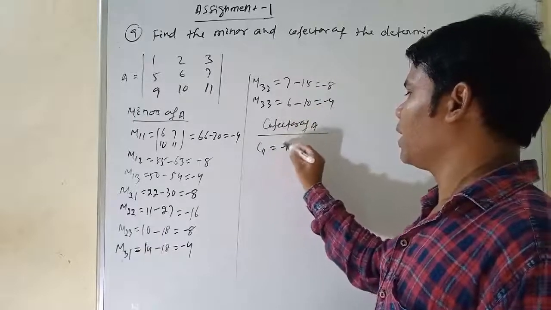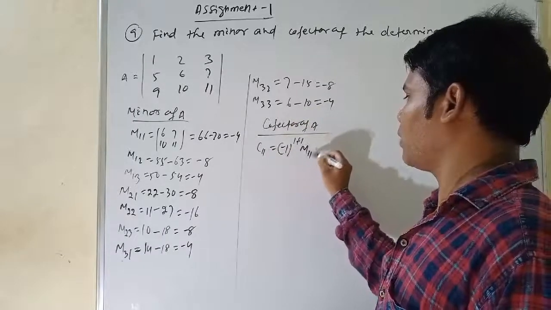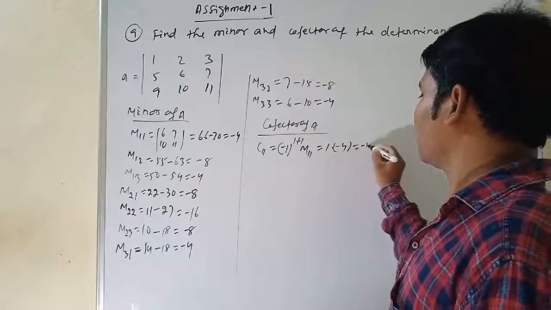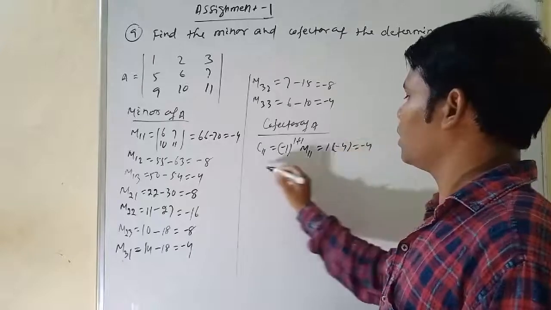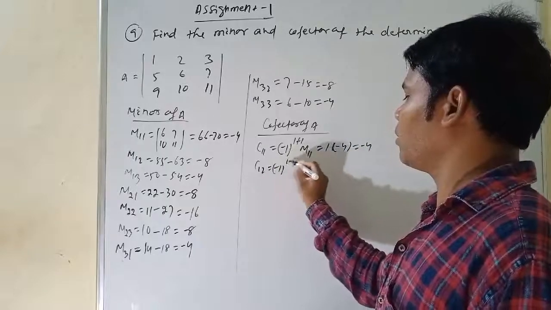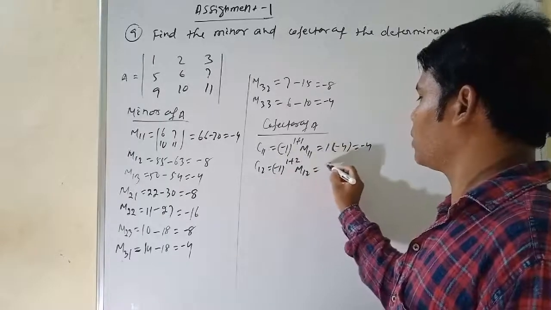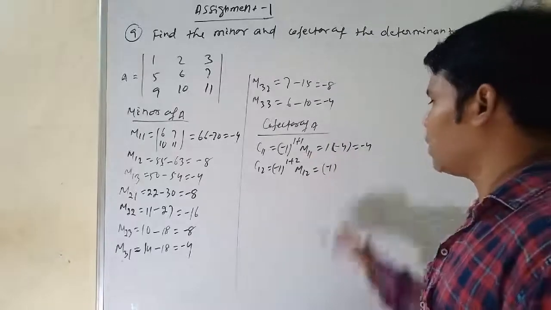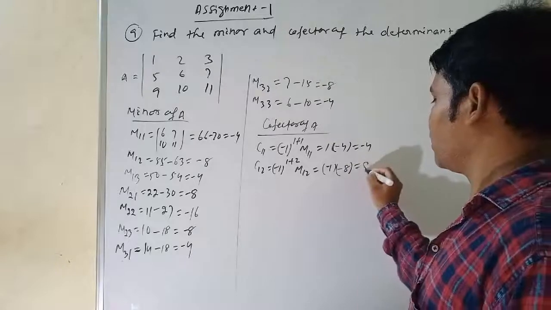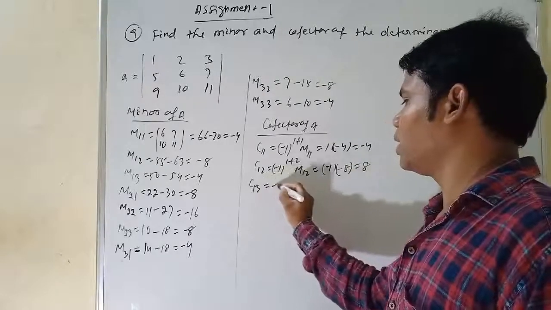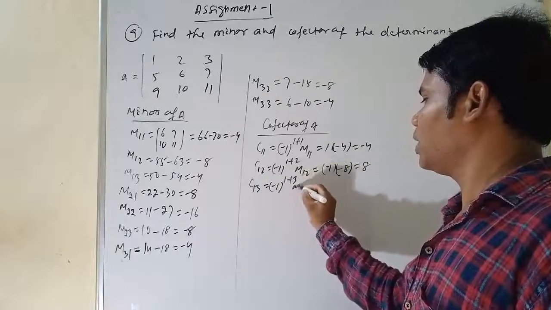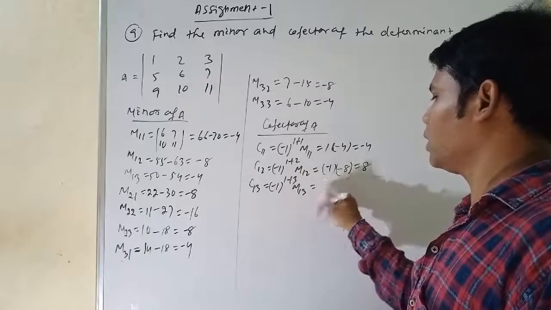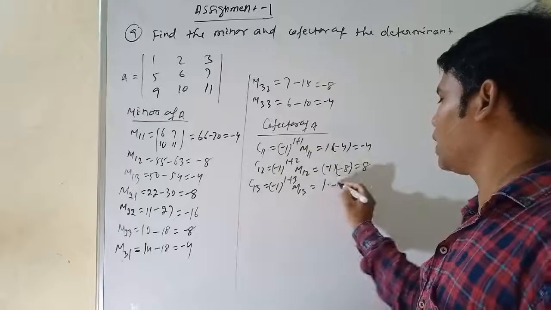C11 is equal to (-1) to the power 1 plus 1, M11, is equal to 1 into M11, is equal to -4. Okay, C12, (-1) to the power 1 plus 2, M12, is equal to -1, (-1) to the power 3 is -1, M12 is equal to -8, so it is 8. C13, (-1) to the power 1 plus 3, M13, is equal to 1 into M13, is equal to -4.